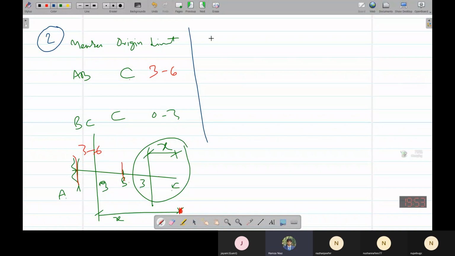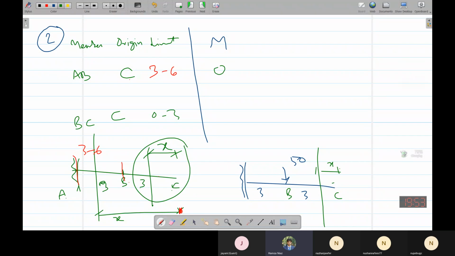Afterwards, we can write the moment equation for the primary structure. This is our question: 50, 3 and 3. If we cut a section here for the BC portion, there is no force, nothing here, so you can just place 0. But for the AB portion, if we cut a section like this, x is our distance.